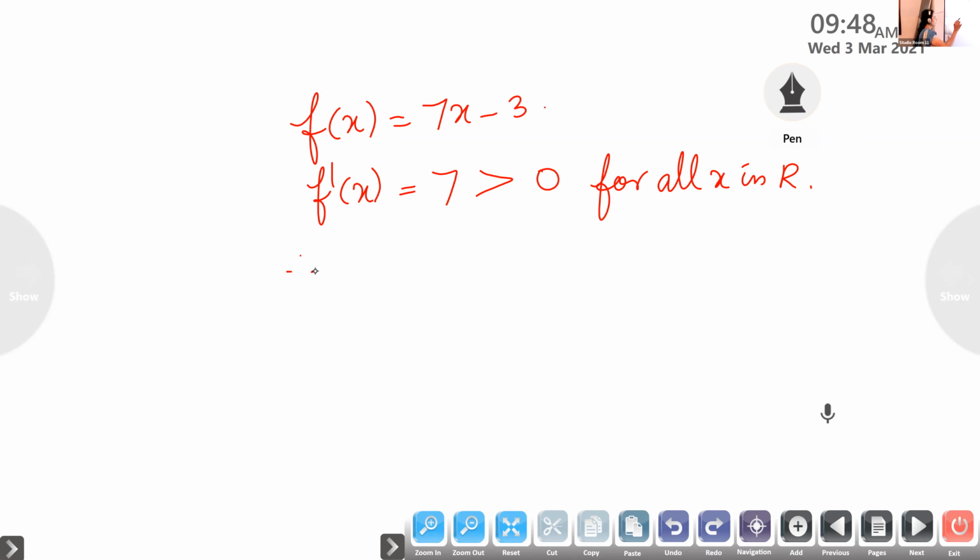Therefore, f of x is increasing in R. R is the real numbers.